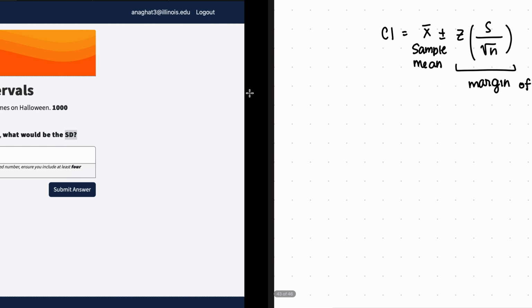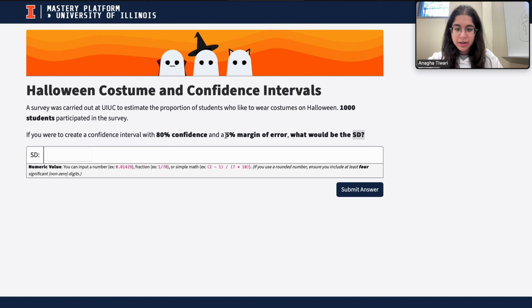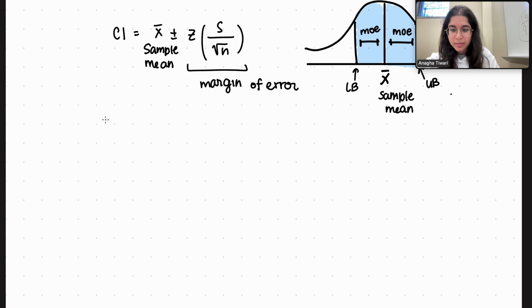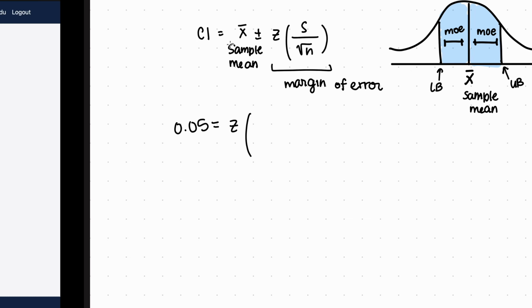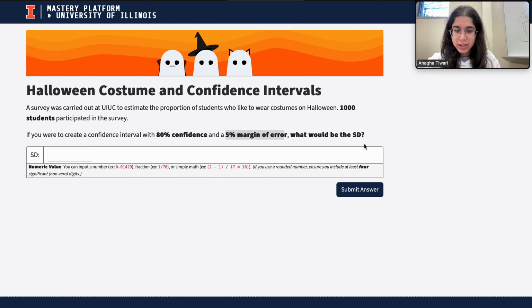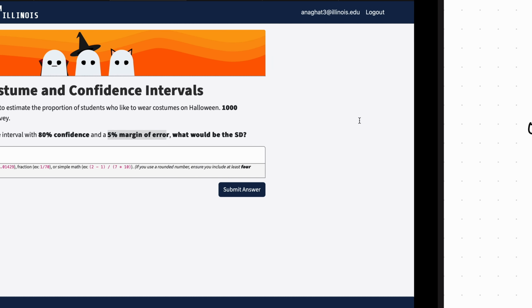So here, if we want to have a 5% margin of error, that means we want 0.05 equals this entire formula here, the z times the sample standard deviation divided by the square root of n. So it's z times our sample standard deviation, which is what we need to find.